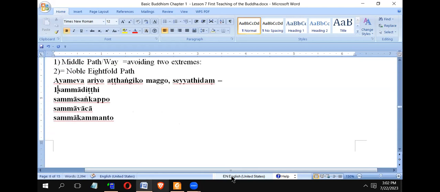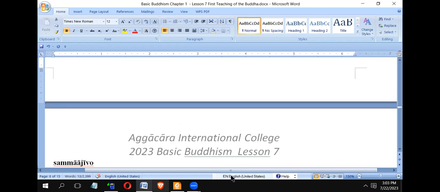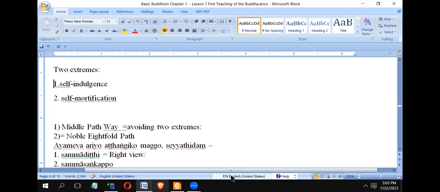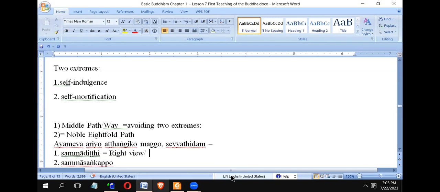Okay, now first we know the Pali, and then we have to see, because there are different ways of translating Samma Ditthi. All right. For example, what is the normal translation that you have come across? Right view? What is another translation? Perfect view. Okay. Right view, perfect view.